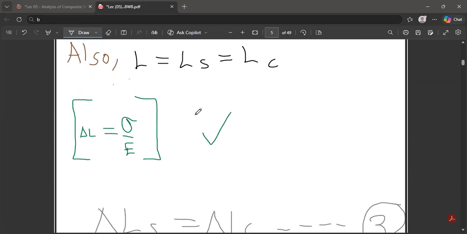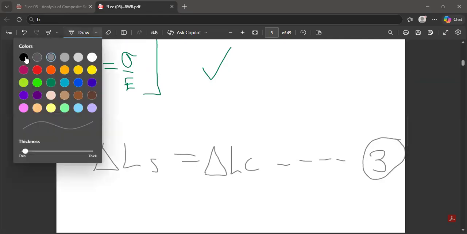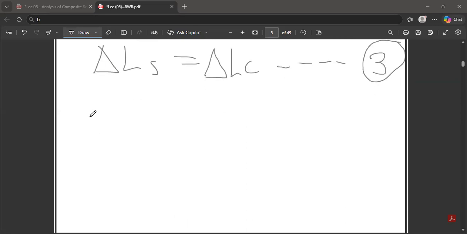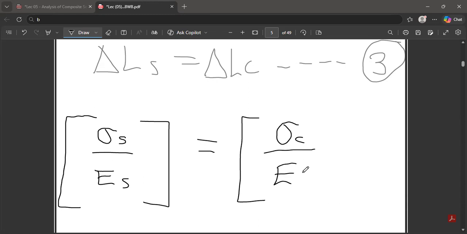And if I want to express this in terms of that, then that is going to give us the change in length: the stress of the steel over the elasticity of the steel, which is equal to the stress of copper over the elasticity of copper.